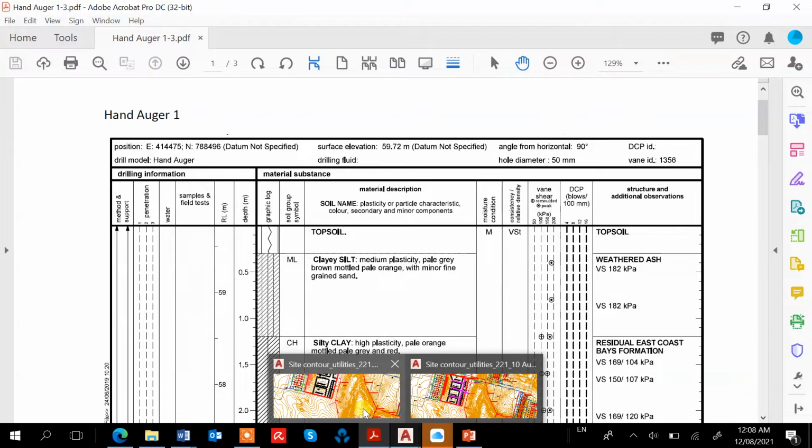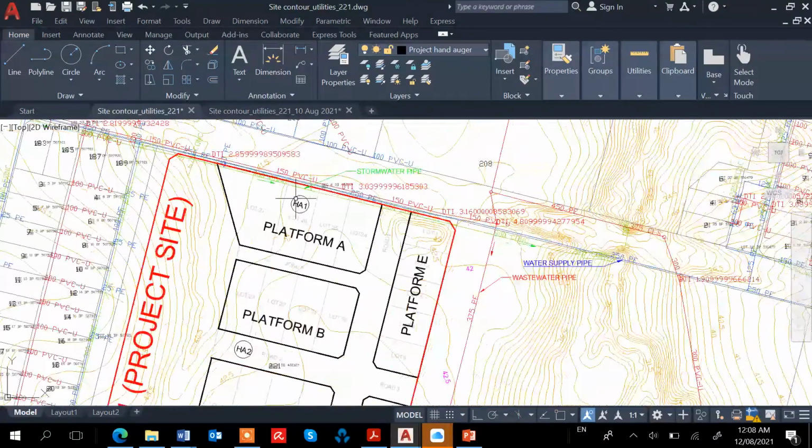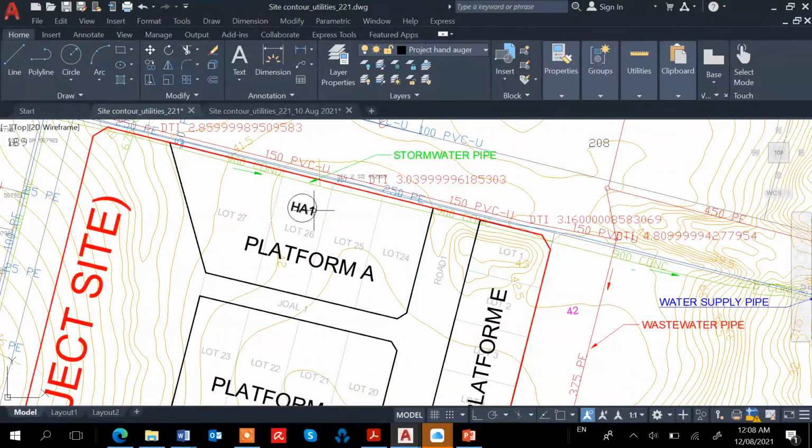So the HA1, this one, the existing ground at this point is probably about 40. Where is it? Let me see. I just look at the word.